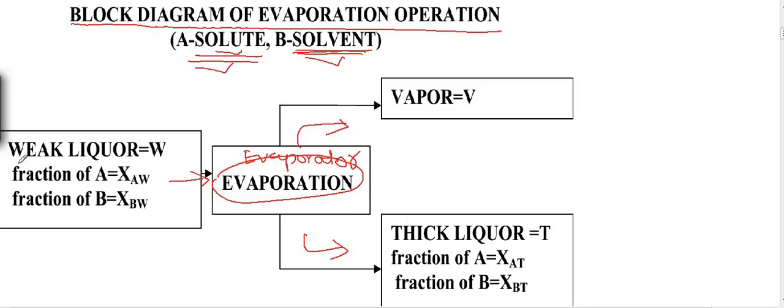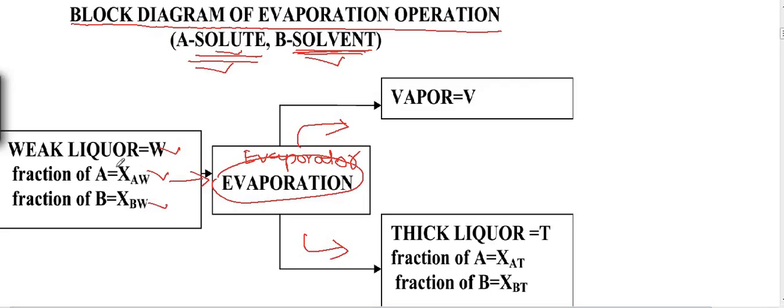The input to this evaporator is weak liquor, which is given by W, and that weak liquor contains a certain fraction of solute and a certain fraction of solvent. So xAW means: x means fraction, A means solute, and W means weak liquor.